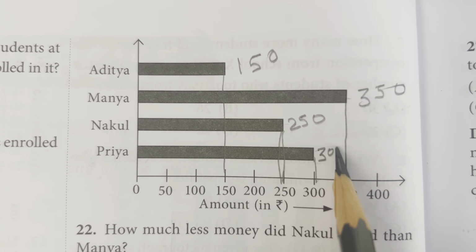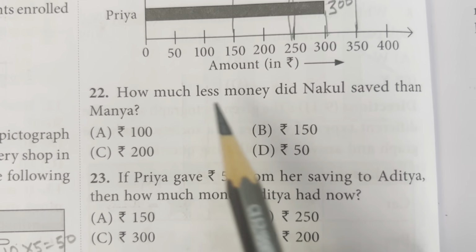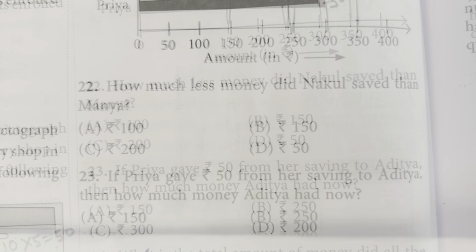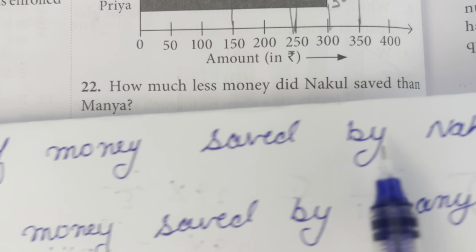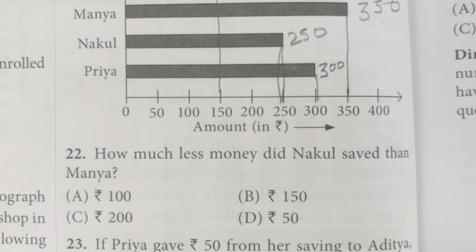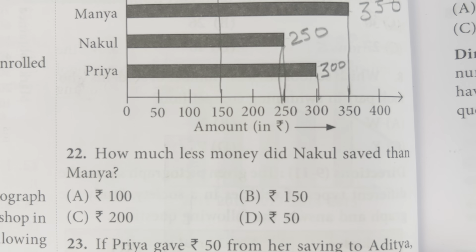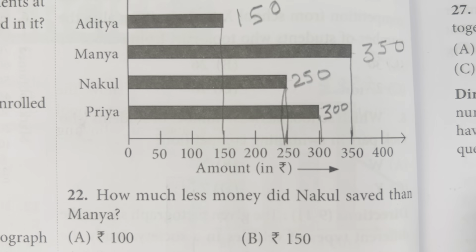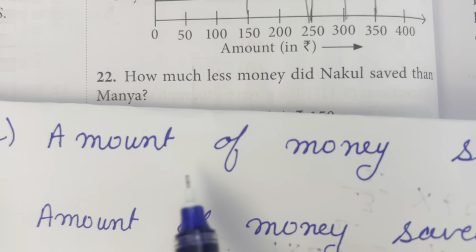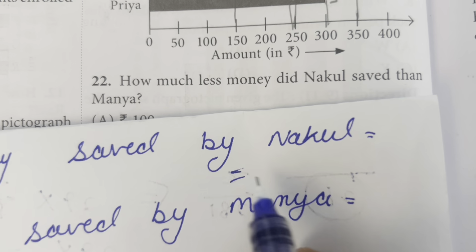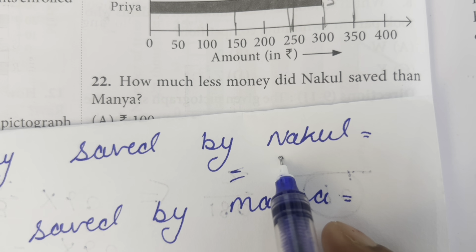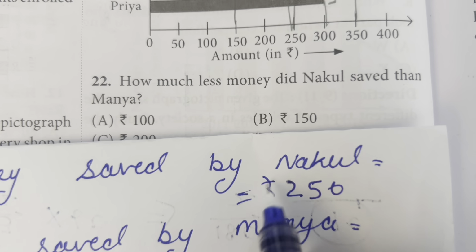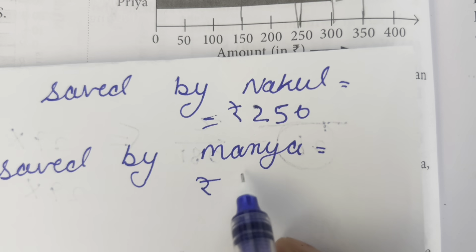In question number 22, how much less money did Nakul save than Manya? The amount of money saved by Nakul is 250 and the amount of money saved by Manya is rupees 350.